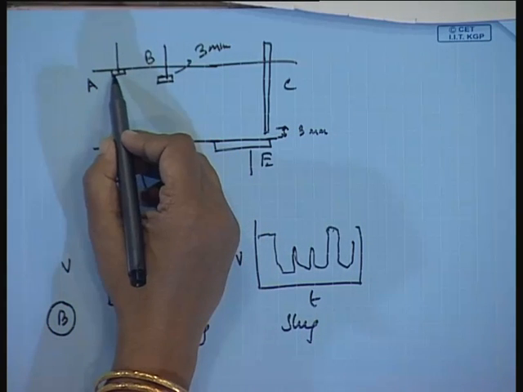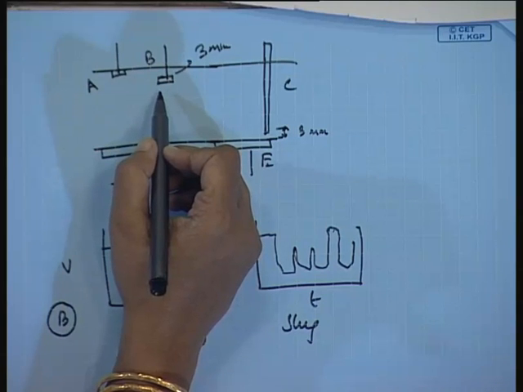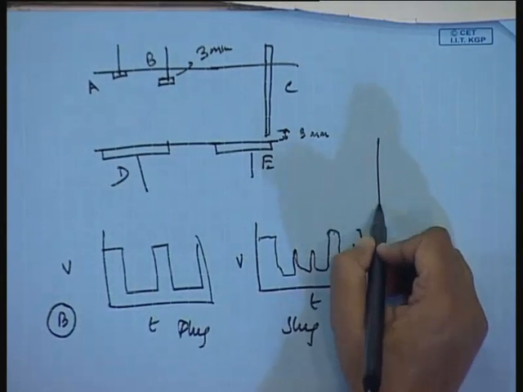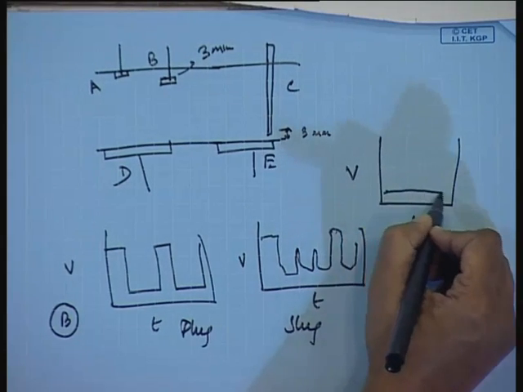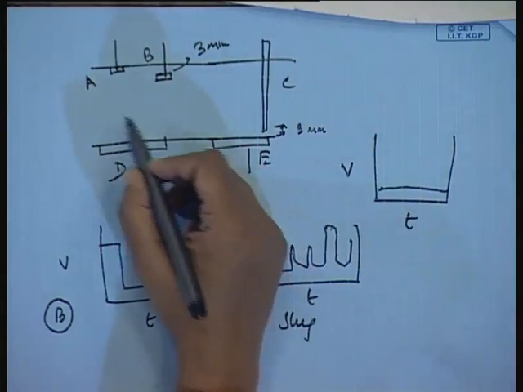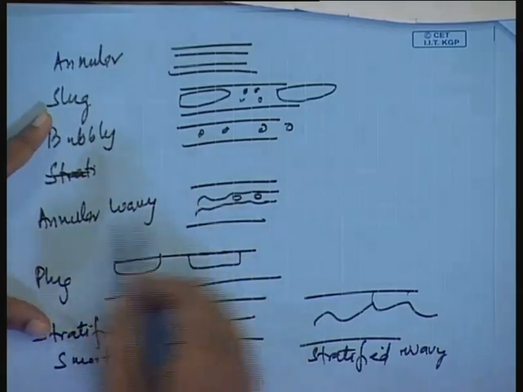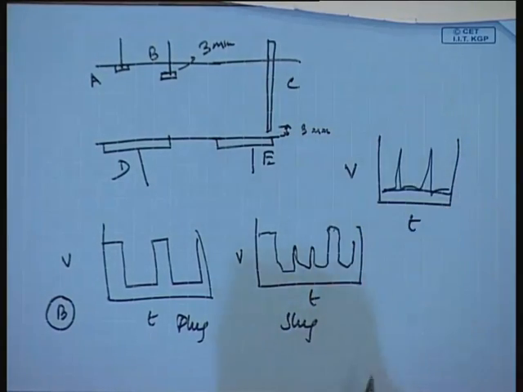So, definitely there will be different signals from A and B when it is annular flow pattern. Clear? In annular flow pattern, what do you get from B? In voltage versus time, you will almost simply get some output at 0 voltage. If there is certain gas, say if you get something of this sort, annular wavy, then definitely we will get some sort of spikes, etc. Isn't it?